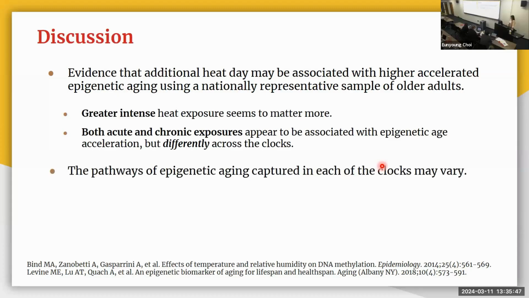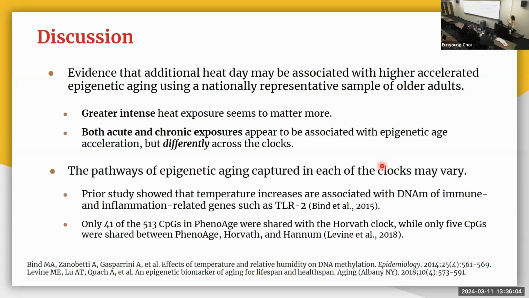clocks. So one of the possible explanations about why we see different associations depending on the clocks may be this idea that the pathways of epigenetic aging captured in each of the clocks may differ. Prior studies showed that temperature increases are associated with DNA methylation of immune and inflammation related genes.